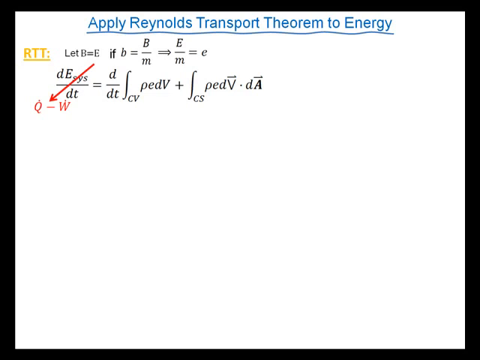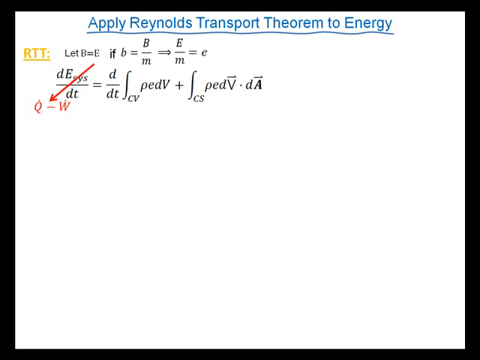Now let's look at the first term on the right-hand side of the equation, this time derivative of an integral, which can be intimidating, but really just look at it in simple terms and realize that the density is the mass per unit volume. So if I have mass times a specific property, that gives me an extensive property, in this case total energy, and that's per unit volume.